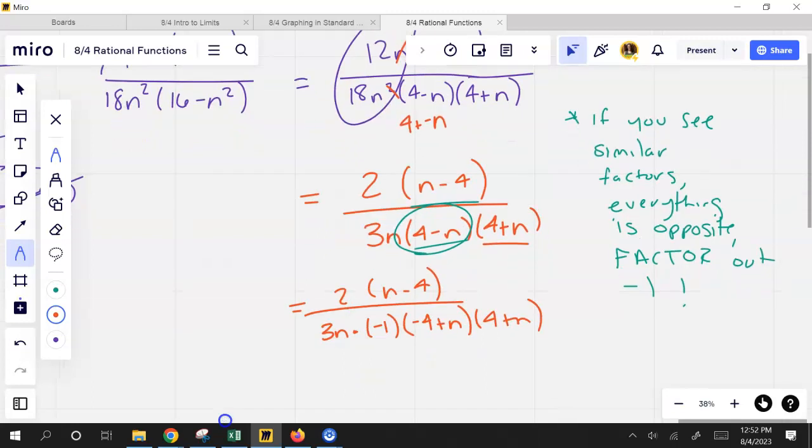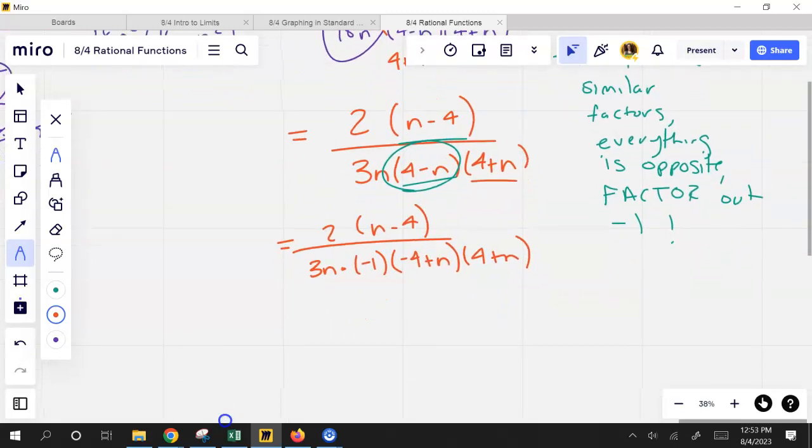And now let me work with what I got just a little bit. You don't have to show every one of these steps. I'm just showing you this because I want you to see where it's coming from. Up top, I have 2 times n minus 4. And on the bottom, this is multiplication, so this is negative 3n. And because this is putting the number first, I'm going to just switch this order around because now it's addition, and addition is commutative.